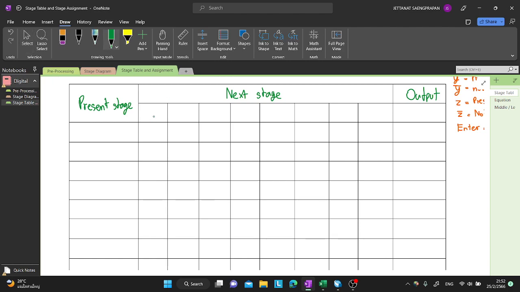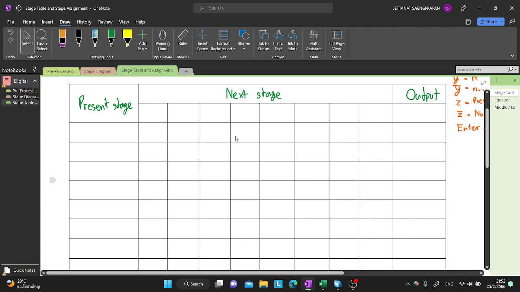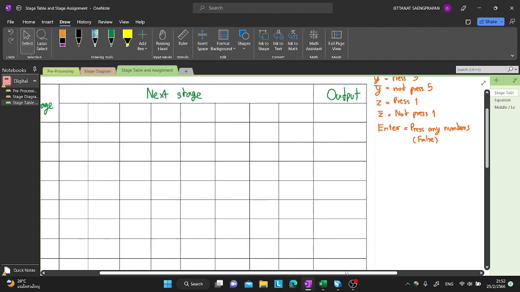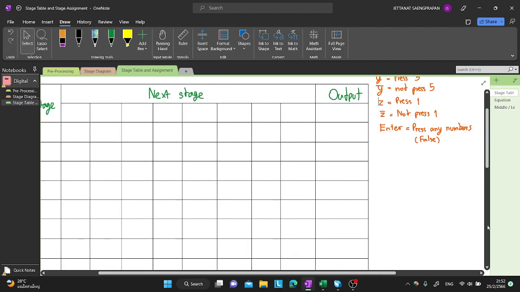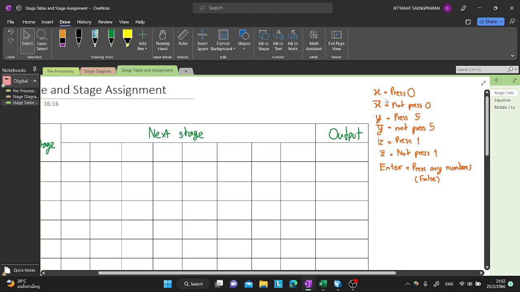So how the next stage works is from the switch I press, as you can see here. I assign that X is press 0, X bar is not press 0, Y is press 5, Y bar is not press 5, Z is press 1, Z bar is not press 1.